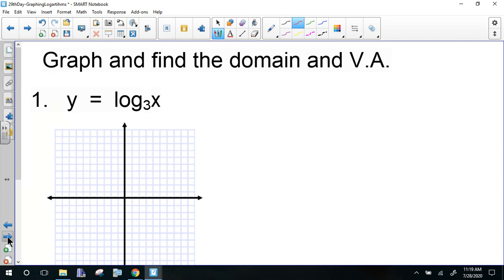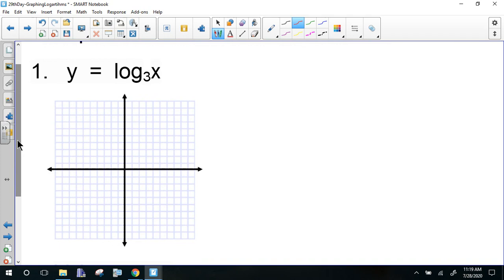So we want to graph and find the domain and the vertical asymptote for log base 3 of x. There's different ways you can go about graphing this. Of course, number one, you can put it in your calculator, go to table, and get some x and y coordinates.